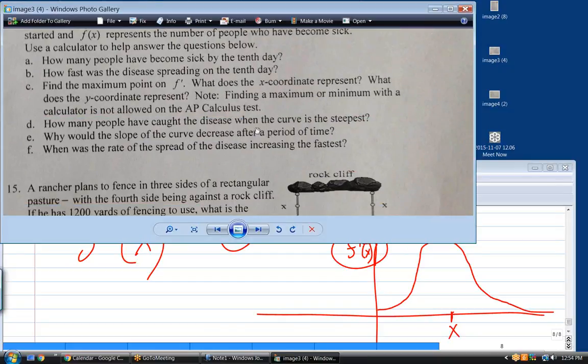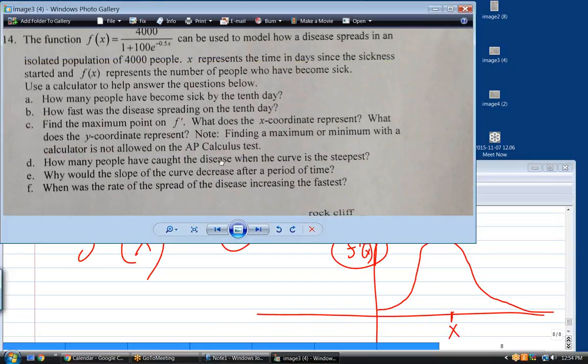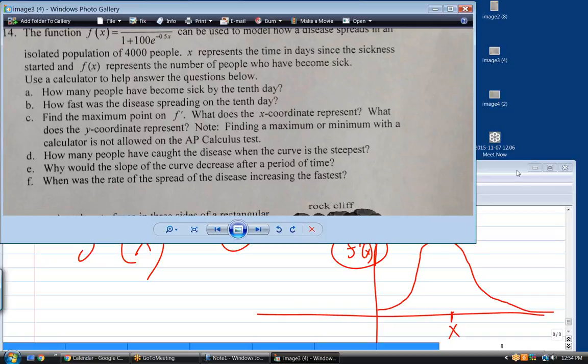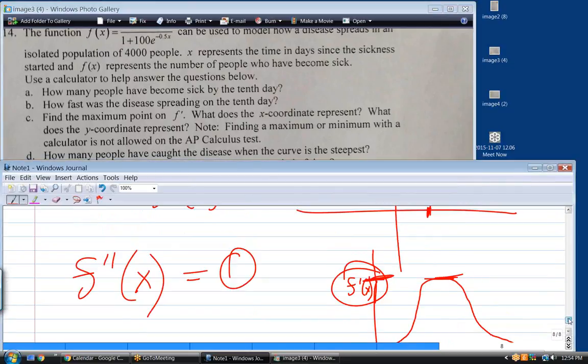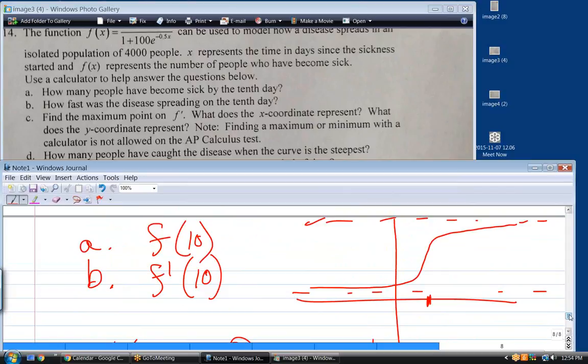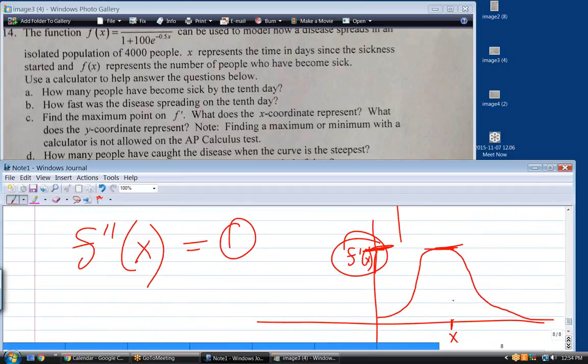So how many people have caught the disease when the curve is the steepest? Well, the curve is the steepest somewhere in here, and it's at this point, x. That's where the curve is the steepest. Remember, steep is slope.